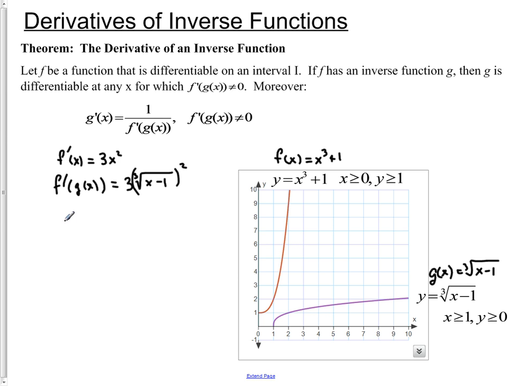So our derivative of the inverse function g prime of x will be equal to 1 over 3 times the cube root of x minus 1 squared.